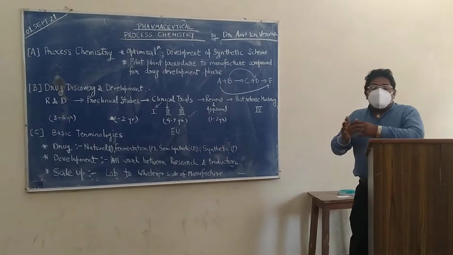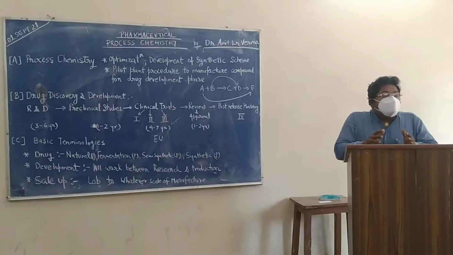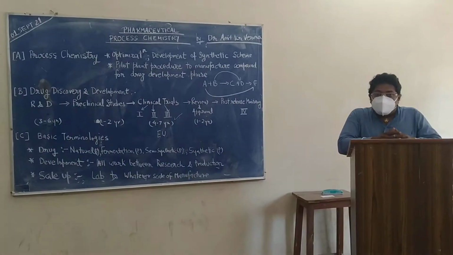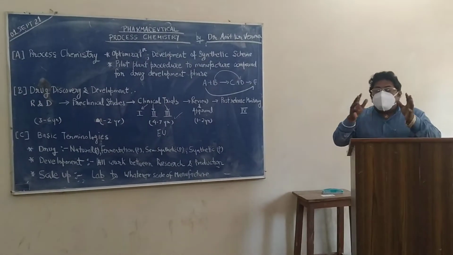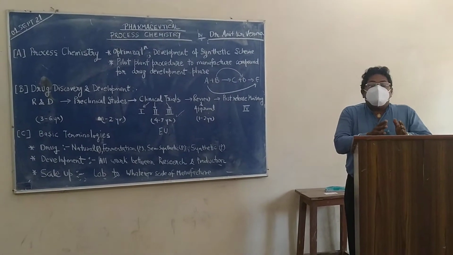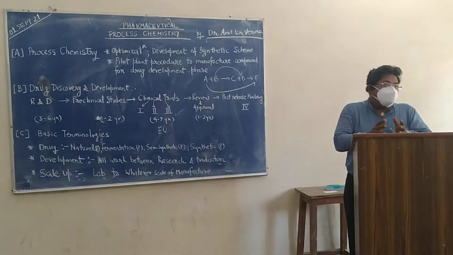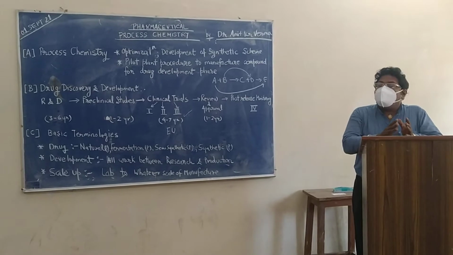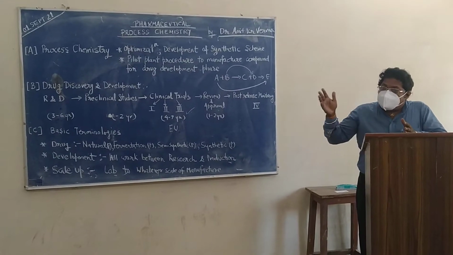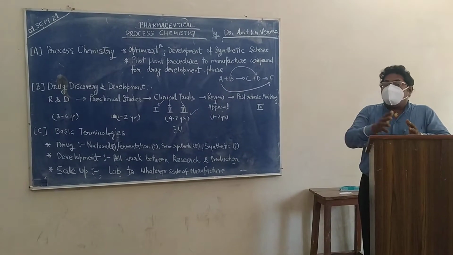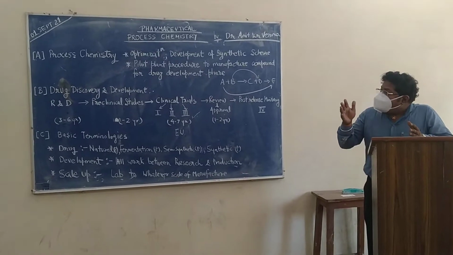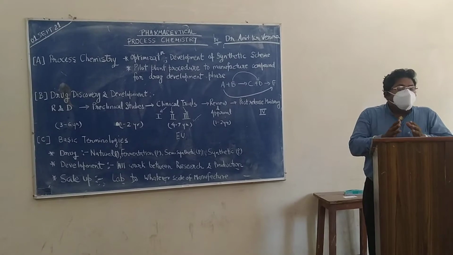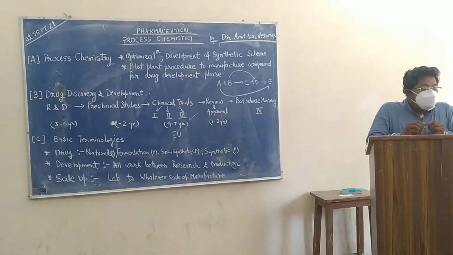After identifying the target, we will design the molecule for those targets. This whole collective procedure is lead identification and lead optimization, which comes under the research and developmental process of the whole drug discovery and development. Suppose we have identified a good lead.